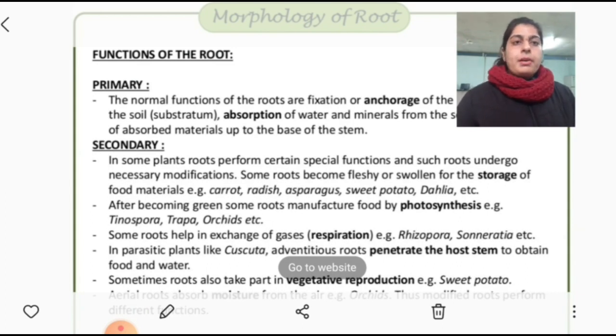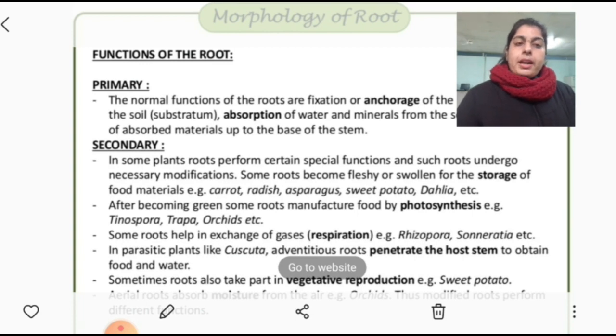Moreover, some roots are green in color because they go through photosynthesis, like Tinospora and orchids. Roots also help in the exchange of gases, and some roots which do this are Rhizophora and Sonneratia.